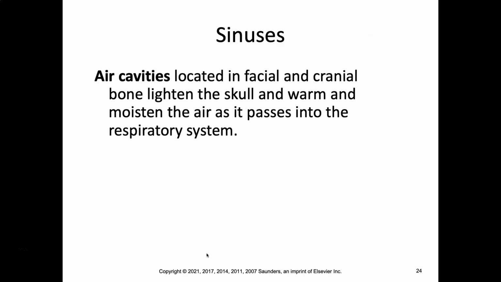You have air cavities located in your facial and cranial bones that lighten up your skull and warm and moisten the air as it passes into your respiratory system. What do those sound like? Sinuses. Has anyone ever had sinus pressure, sinus inflammation, sinusitis, those types of things? That's those air cavities.